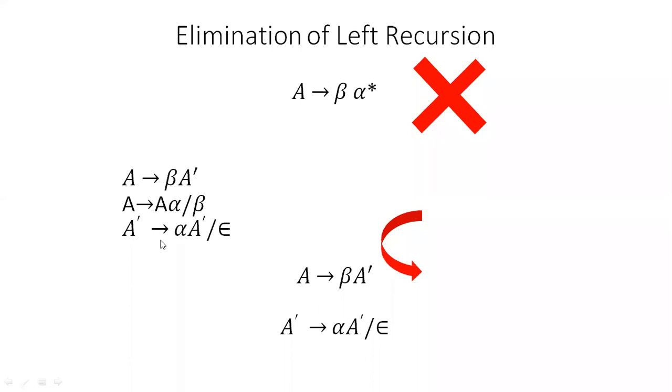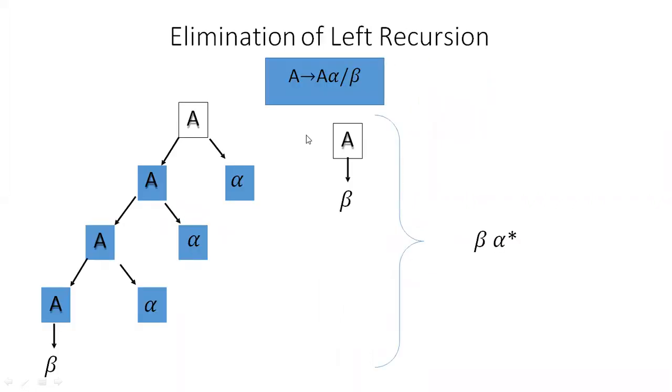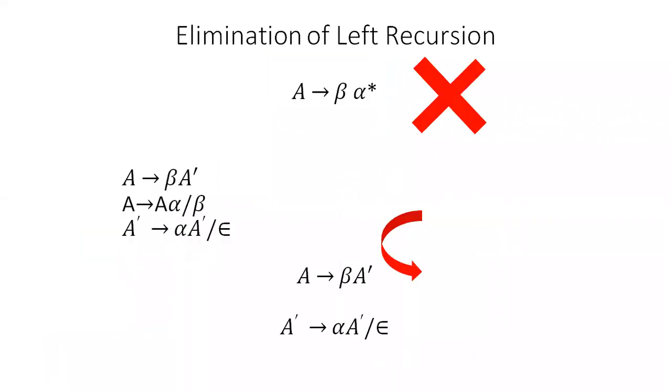From the given grammar, by deriving the tree structure, we get A tends to beta alpha dash. But we need to eliminate this left recursion, because it enters into an infinite loop. We need to eliminate that infinite loop.